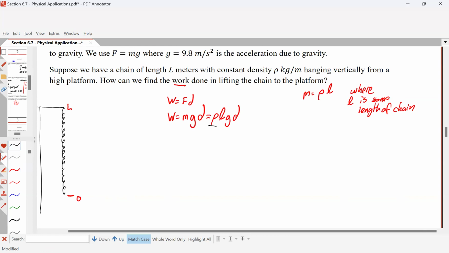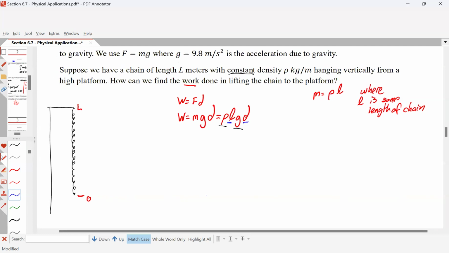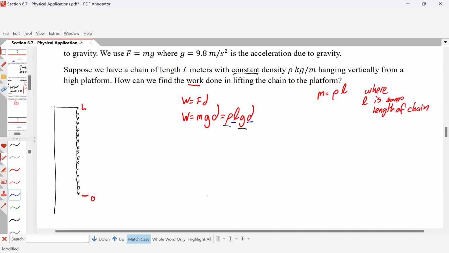Rho is constant. Gravity is 9.8. It is constant. What we need to do to find work is find some way to express this length of chain and some other way to express this distance traveled.